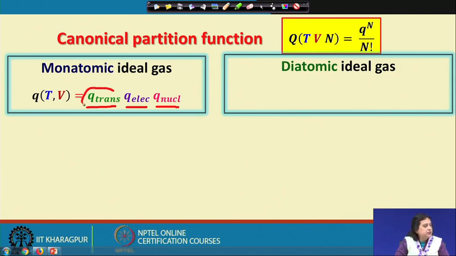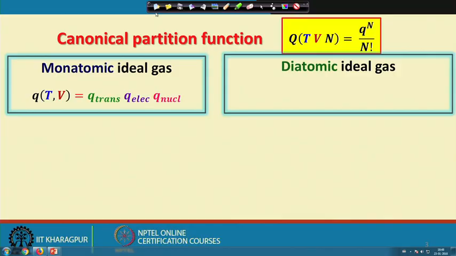So, the first term corresponds to the movement of the molecule as a whole or the atom as a whole in the confining volume, and the other two terms correspond to the underlying microscopic structure as given by the solution of the Schrodinger equation at 0 Kelvin temperature.